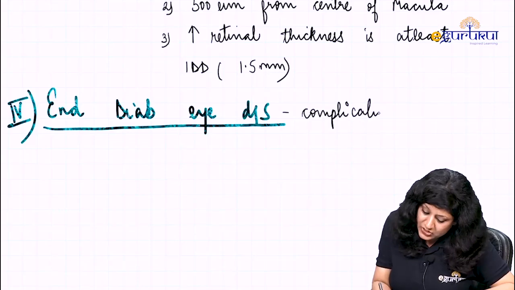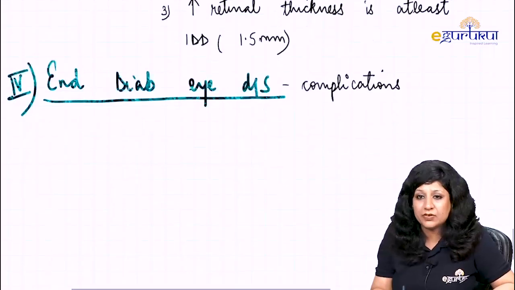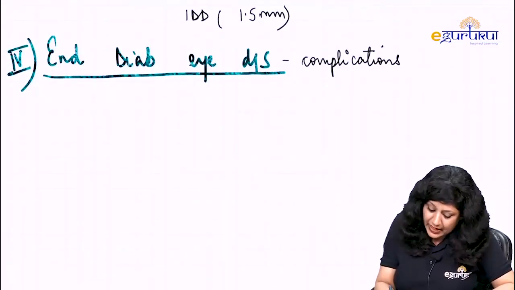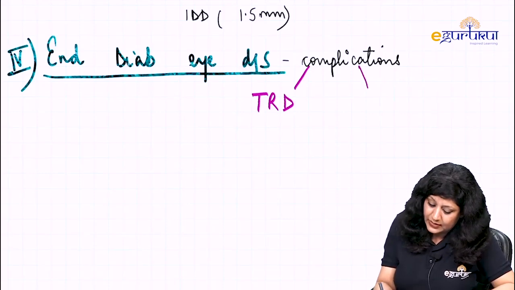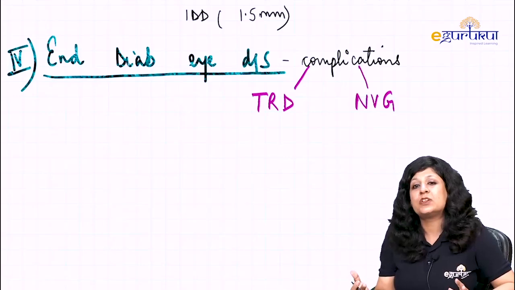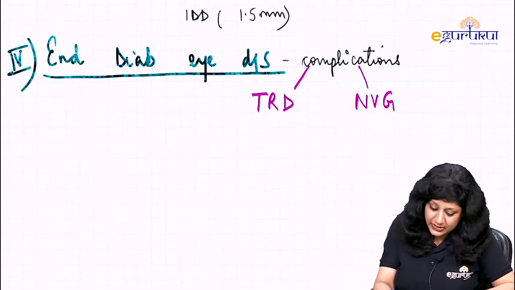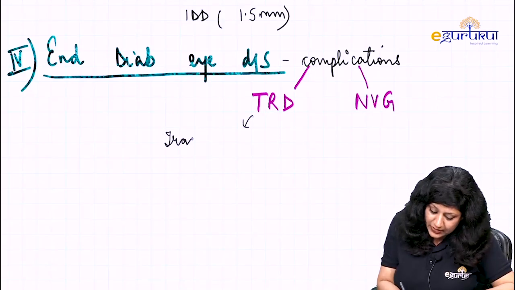If the patient is having complications which are mainly due to recurrent vitreous hemorrhage, like tractional retinal detachment, or neovascular glaucoma, then I can say that this patient is having advanced diabetic eye disease.